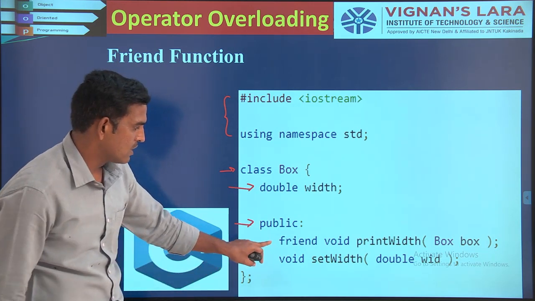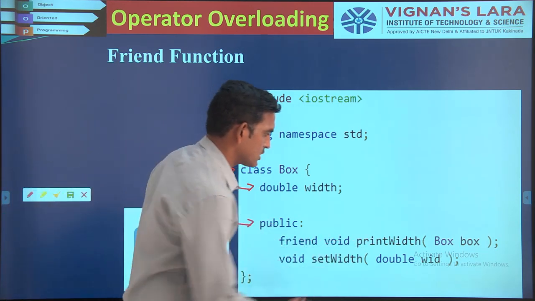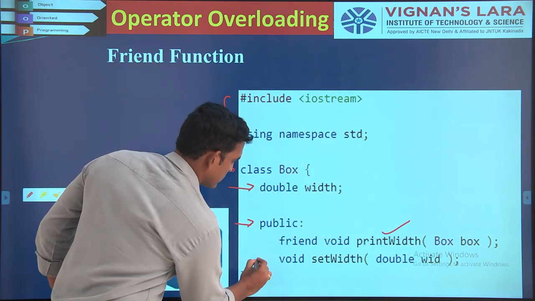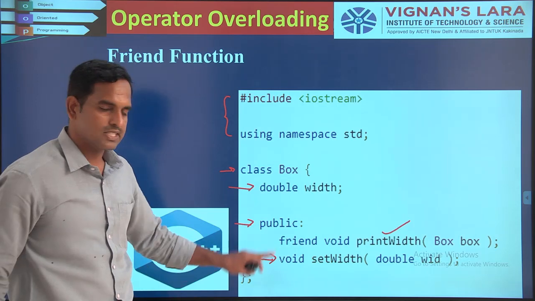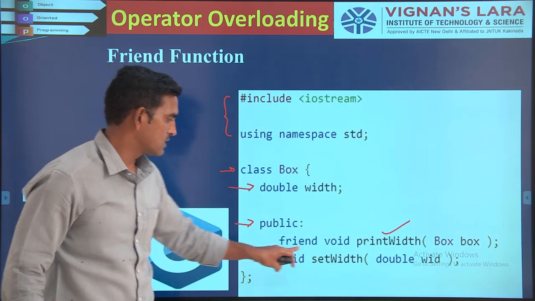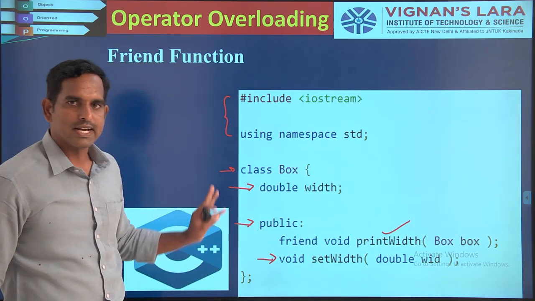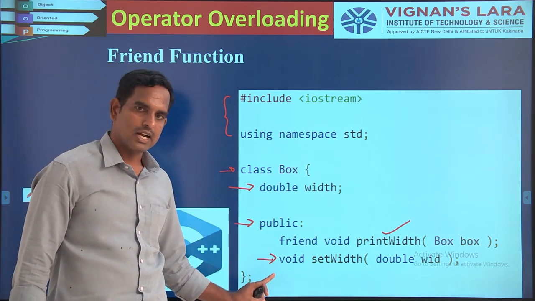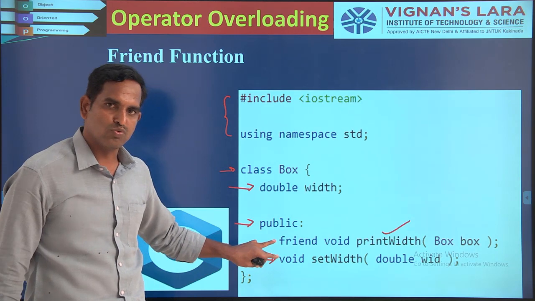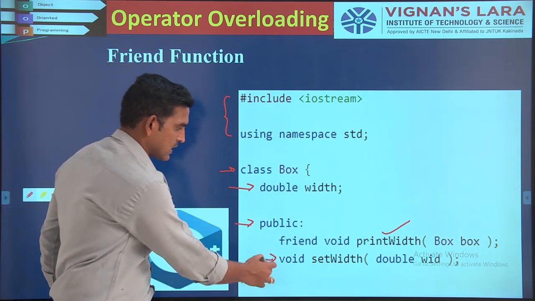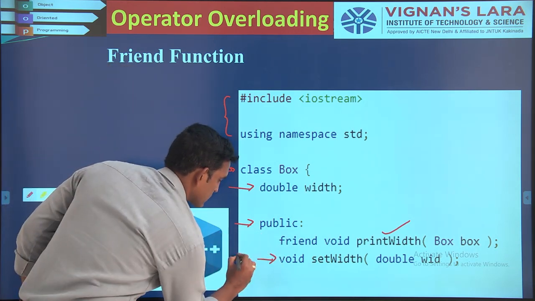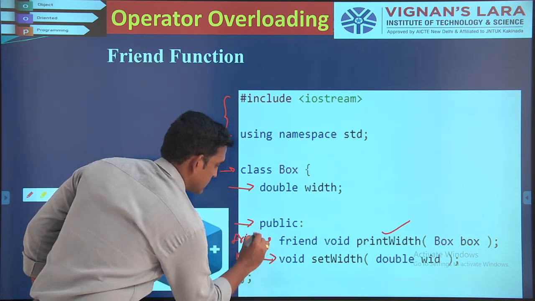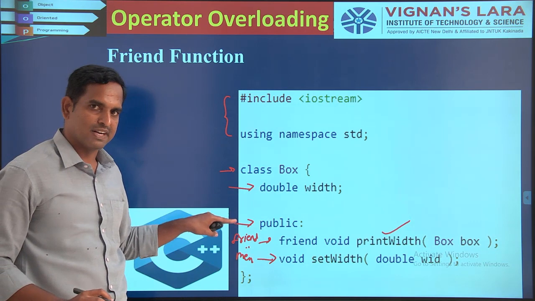One is a friend function called printWidth, void printWidth, and another is void setWidth, a general member function of this class. So you have the width variable, printWidth and setWidth. These two things are, one your friend function and another your member function. Remember, there is a difference between a member function and a friend function.